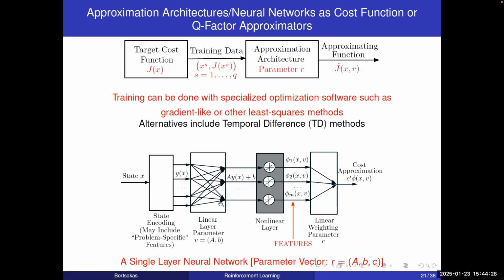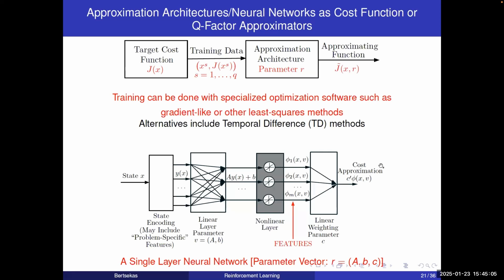V is the set of parameters of the linear layers, A and B. And all of these are linearly weighted at the final layer with a parameter C. So there are 3 types of parameters here in this structure: A, B, and C. And this is the approximation to J that we're going to use. So after we have trained the neural network and we know this A, B, and C, we plug in the state and out comes the cost approximation. That's how the neural network is used in practice.